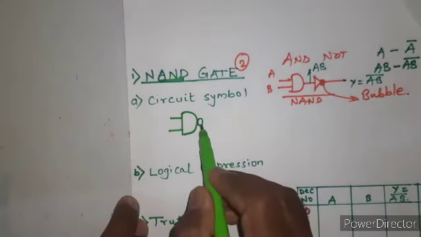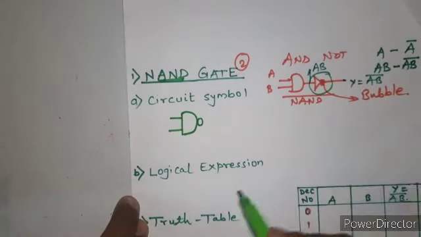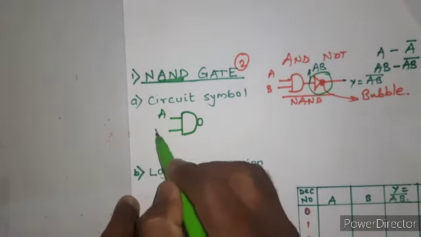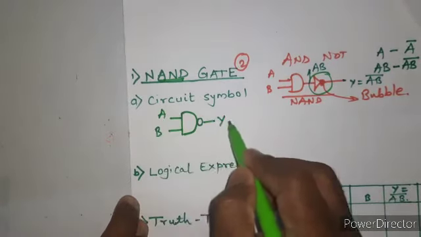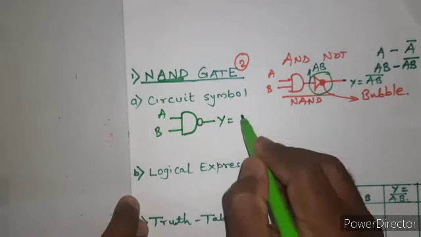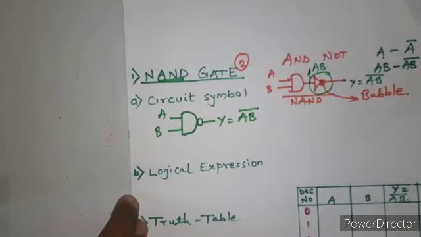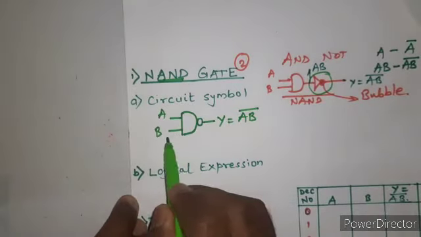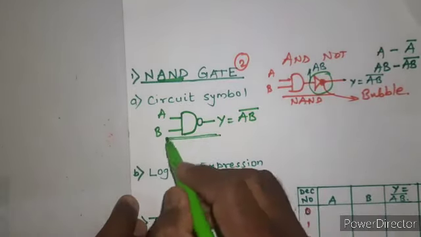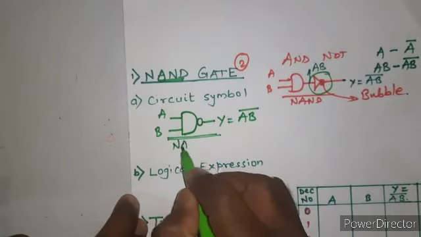Now this bubble means this NOT gate. So this is A, this is B, and Y equal to AB whole bar. This is the circuit symbol for NAND gate.